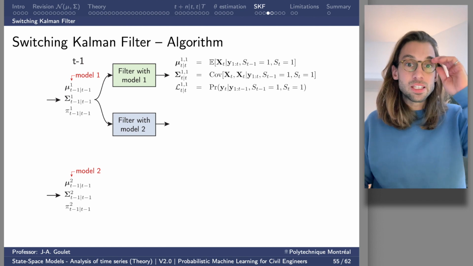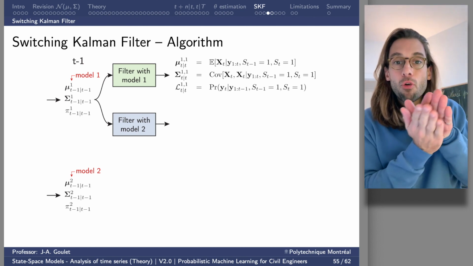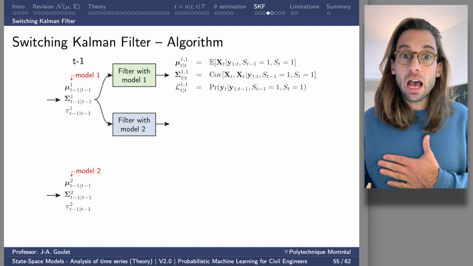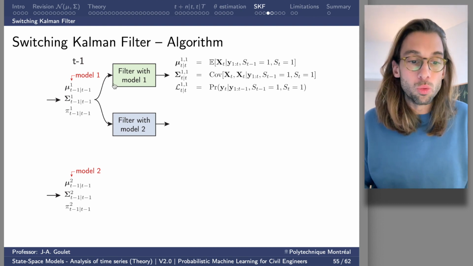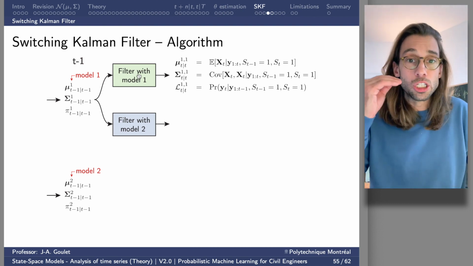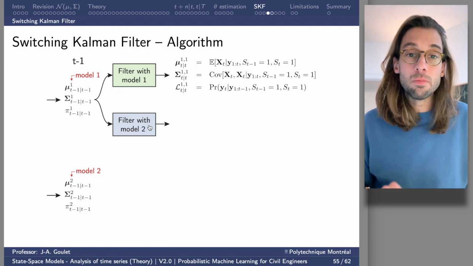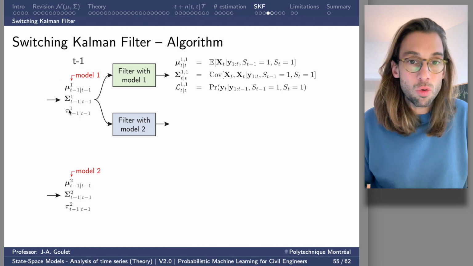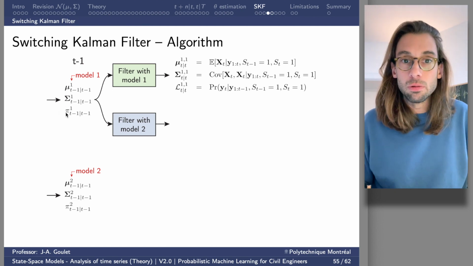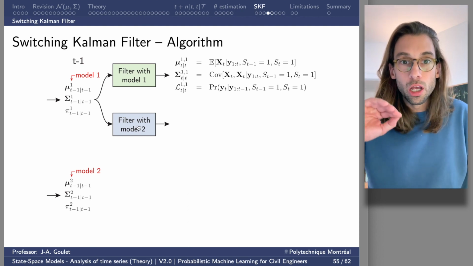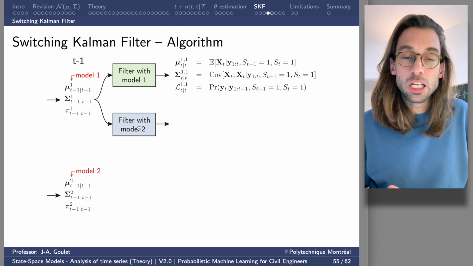Now what I have is that at each time step, I can branch out into 2 different models. So in there, I perform a filter operation with model 1, say one that's going to be a zero speed model, or model 2 that could be a constant speed model. So I assume that at time t-1 I was in a constant speed dynamic, and then either I keep being in a constant speed dynamic or I switch to a linear change in my speed.